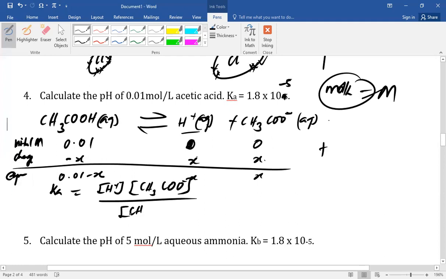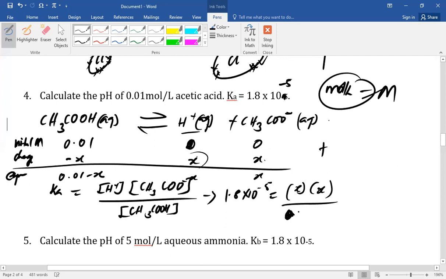Over the concentration of the acetic acid, like that. Okay, so now that means we have what? 1.8 times 10 to the power negative 5, and this gives us, so the concentration of H ion is x, then also x over 0.01 minus x.